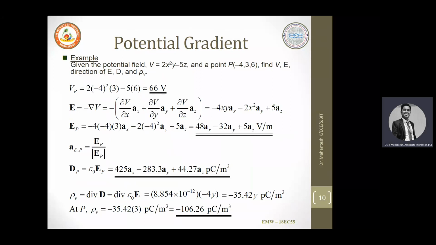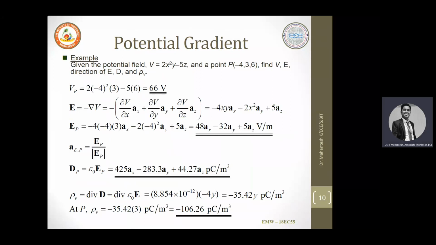In order to calculate E, E is equal to minus del V, that is minus grad V. It is given by minus dou V by dou x ax minus dou V by dou y ay minus dou V by dou z az, which is equal to minus 4xy ax minus 2x squared ay plus 5 az. Therefore, the electric field at point P is 48 ax minus 32 ay plus 5 az volts per meter.